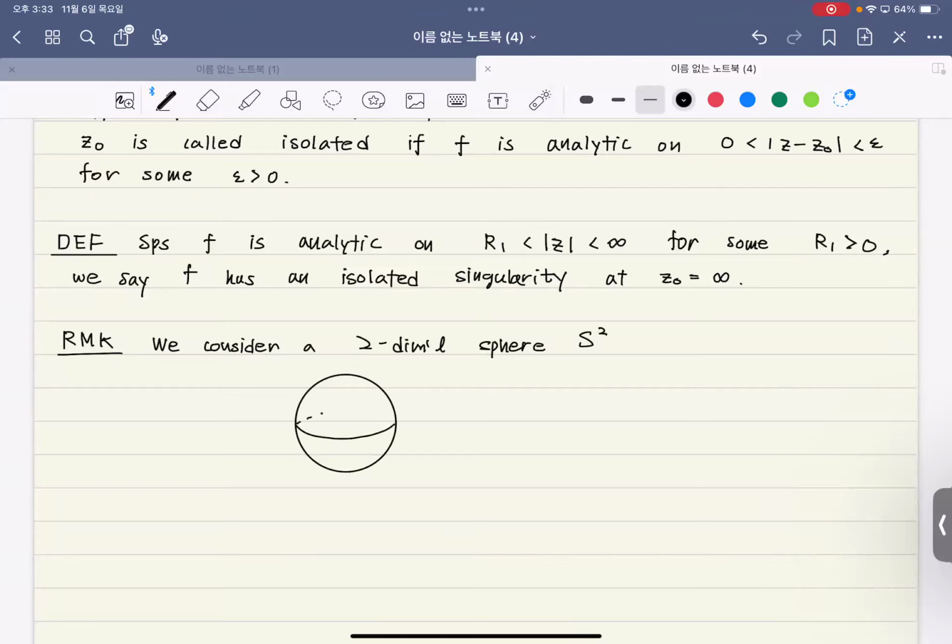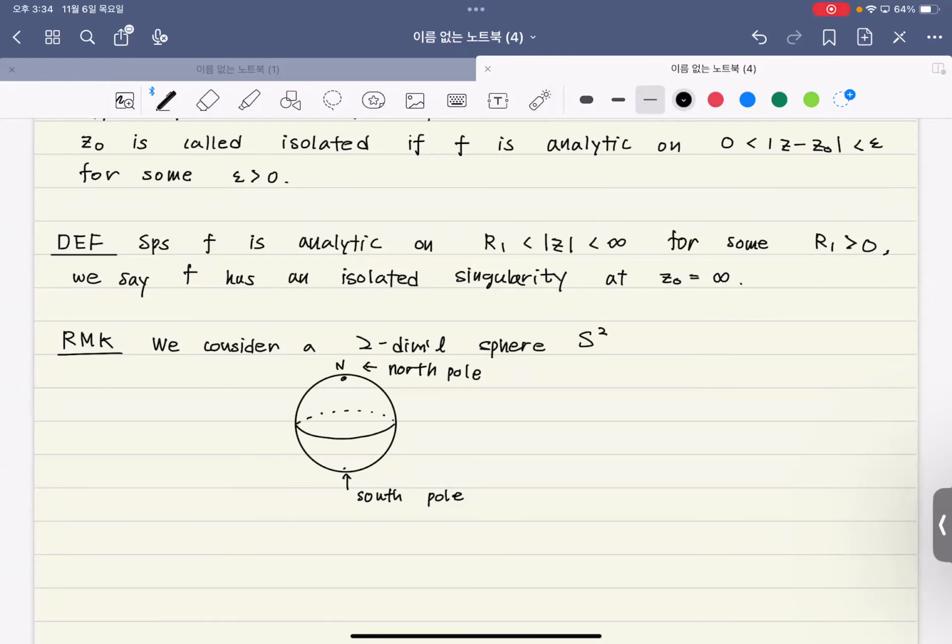This is an equator, and this is a North Pole, just any random point, and the other one we say is a South Pole. It looks like these two points are very special compared to the other points in S2, but actually that's not true. These are just two randomly chosen points from S2.